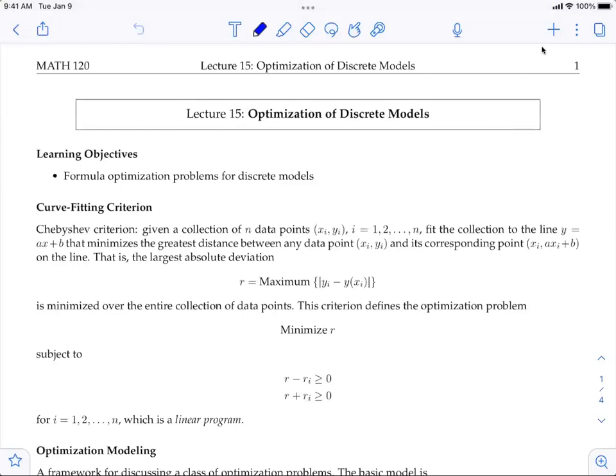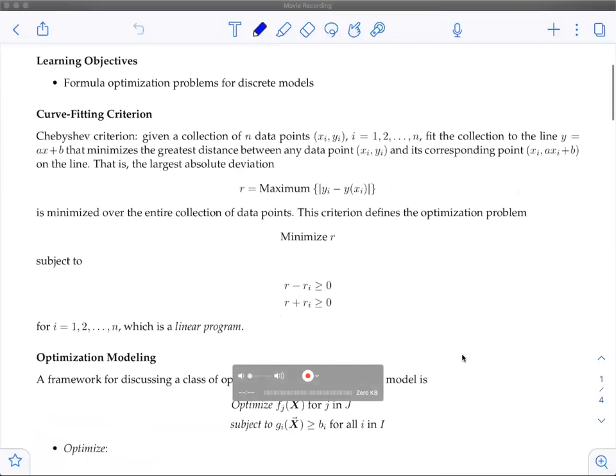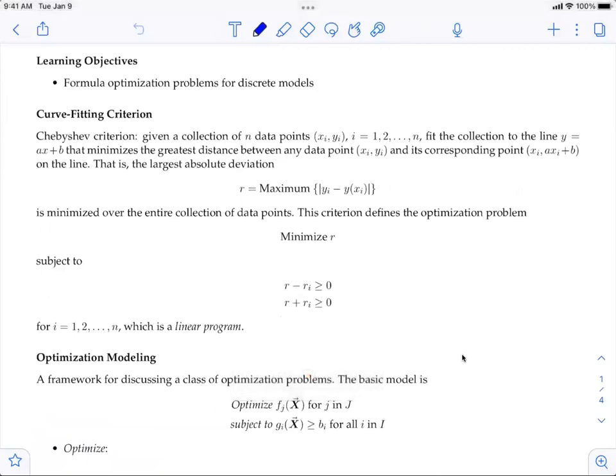The conditions in this particular case are R minus R sub i greater than or equal to 0 and R plus R sub i greater than or equal to 0. Again, R is the residual or the maximum of the absolute deviations, and R sub i is the residual of the particular data point.